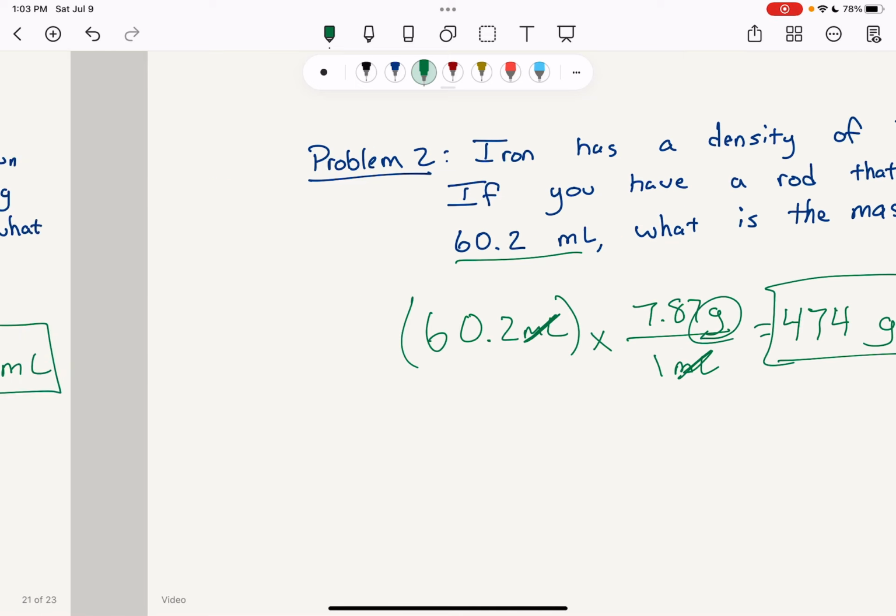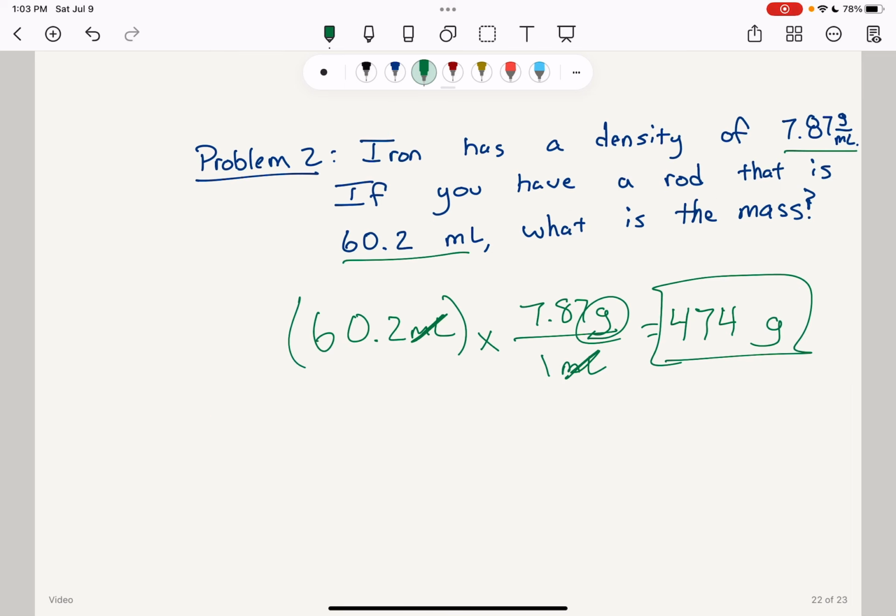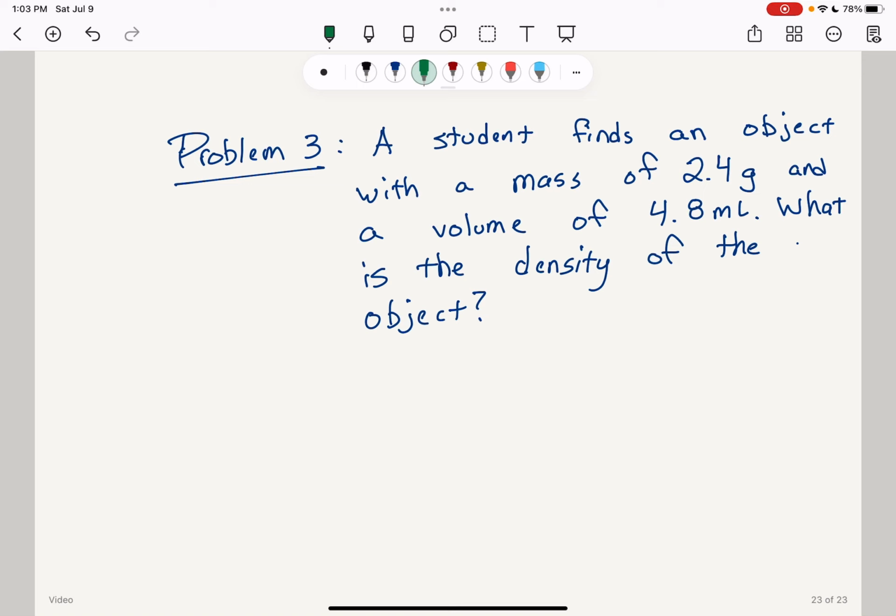Okay, both of these problems were solved by simple unit cancellation. Now, I do have a problem here that is not going to allow for unit cancellation. Let's read the problem. A student finds an object with a mass of 2.4 grams and the volume is 4.8 milliliters. What is the density of the object?